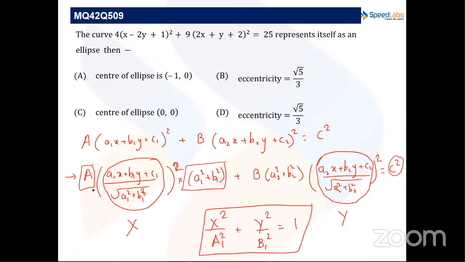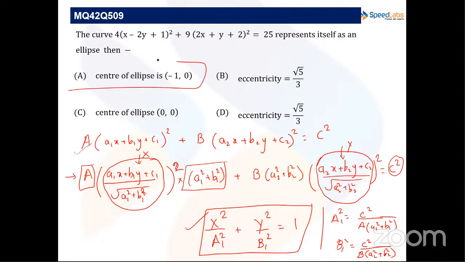This c square will come here in divide sign, and we can see that if we compare, you are having x equals to this quantity, y equals to this quantity, a1 square is your c square upon a1 square plus b1 square, and b1 square is your c square upon a2 square plus b2 square. Now the eccentricity of this ellipse will be same as the eccentricity of this ellipse.